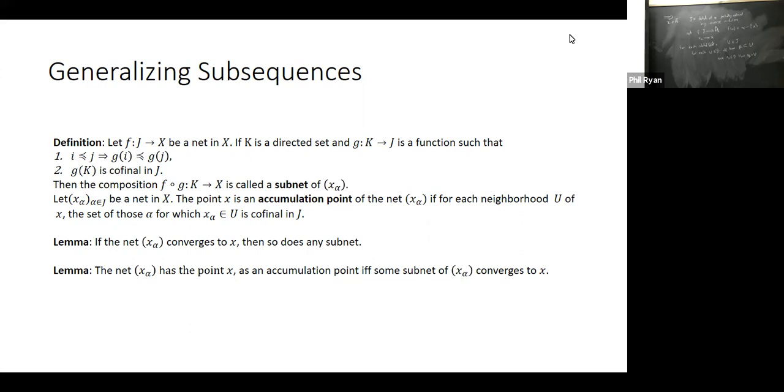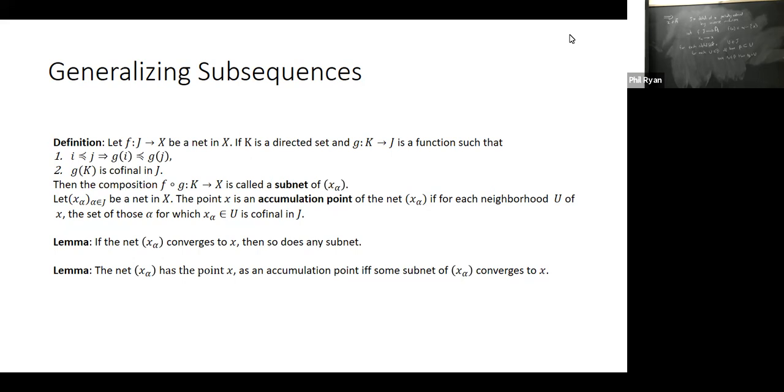Exactly. So you have this lemma here, that for any net that converges to x, any subnet does too. The composition of f with g gives a map from the directed set K to X, and that's a subnet of x alpha.